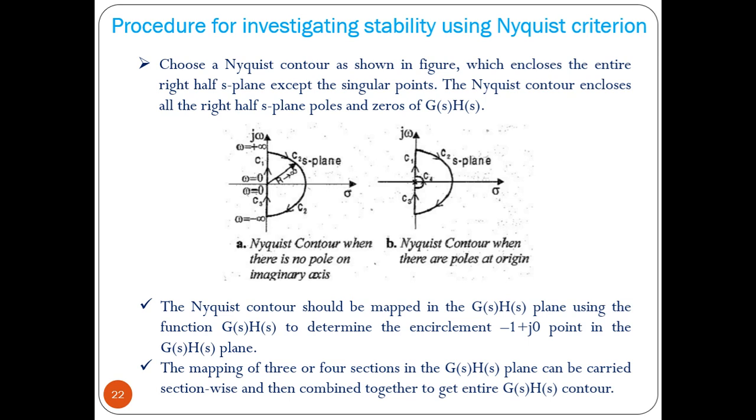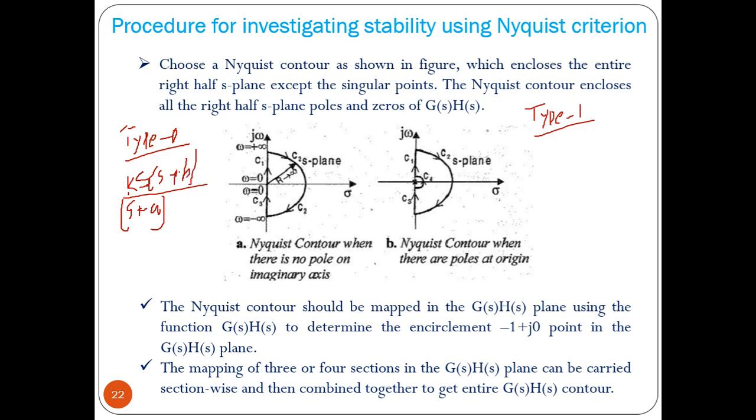Now let us check one point: what if we have a type 1 system, type 2 or type 3 system? Type 0 system means, what? That is K divided by, say, S minus A, or we can have S minus or plus B also.